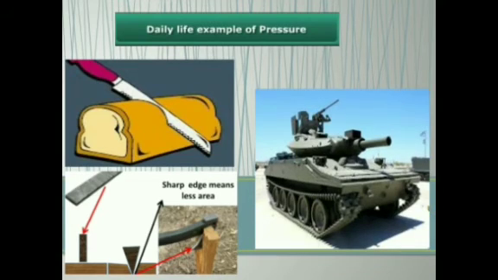And heavy tanks have broad chains that increase the area of contact. And tires of buses and trucks have broad and double wheels so that the pressure on the tires is reduced and they don't burst. Have you got my point?